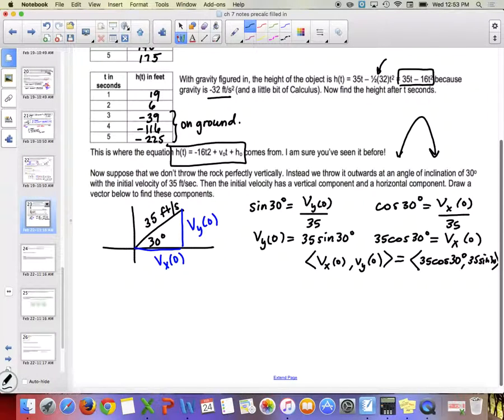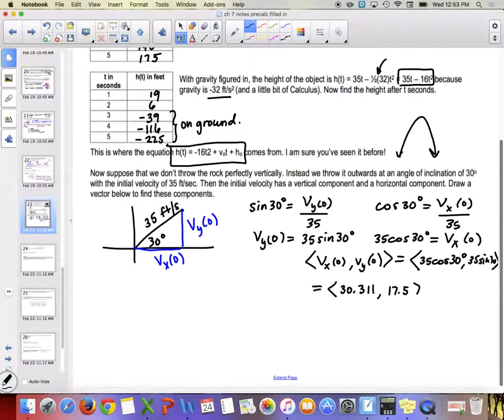And you can find those numbers. Just make sure that you're in degree mode. So if you do 35 cosine of 30 and 35 sine of 30, you end up getting 30.311 and 17.5.